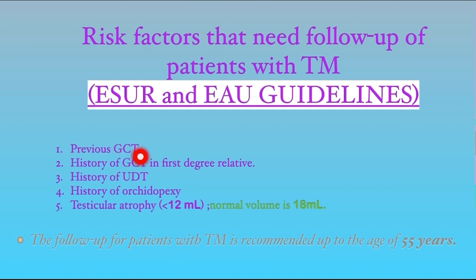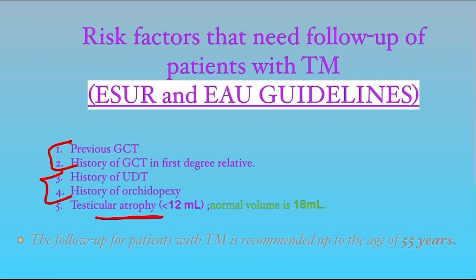First is previous germ cell tumor or history of germ cell tumor in first degree relative, like father, brother. Then history of undescended testis, history of orchidopexy. So remember these two as one and these two as one thing, UDT and orchidopexy. And fifth one is testicular atrophy.